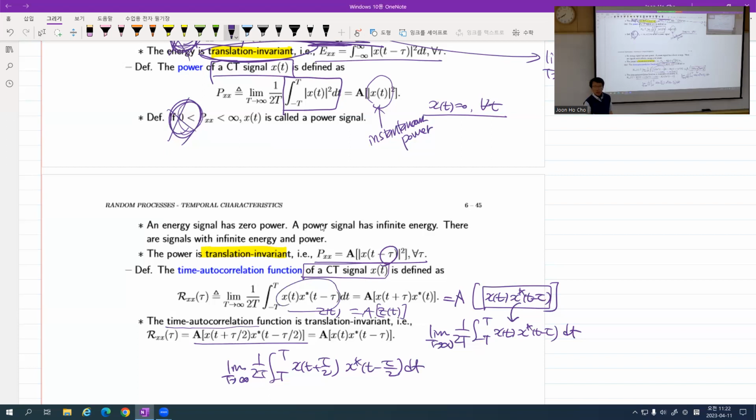I recommend you to put conjugation on the right side factor. When you multiply the two, please put conjugation on the right factor. And you subtract the arguments from left to right. So this left minus right becomes tau, which is the parameter of your time autocorrelation function. That is very useful and consistent.